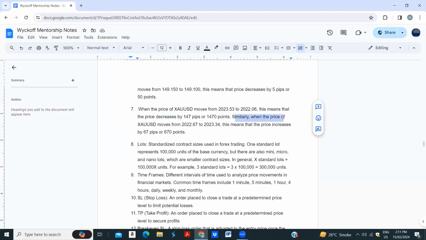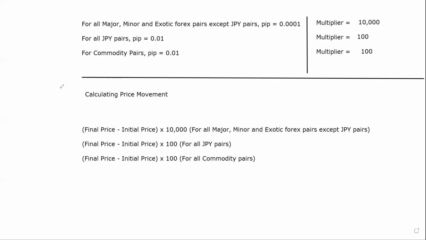Similarly, when the price of XAU USD moves from this one to this one, right? Now we have to calculate our pips movement. So what we're gonna do, first of all, okay.